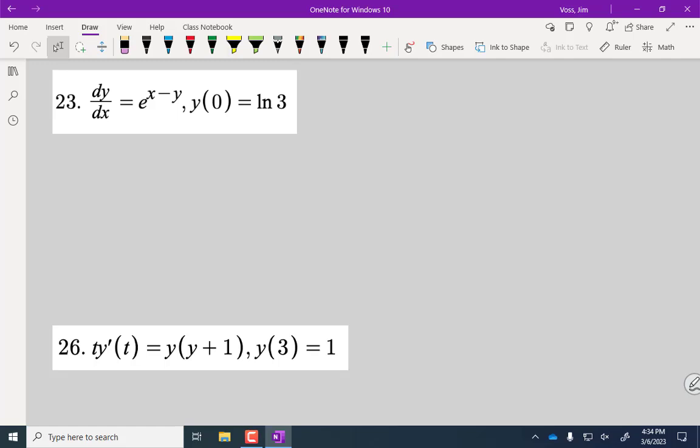Yeah, there's an e to the y on the left. Because it's under. Yep, that's right. Yep. Minus. Good.